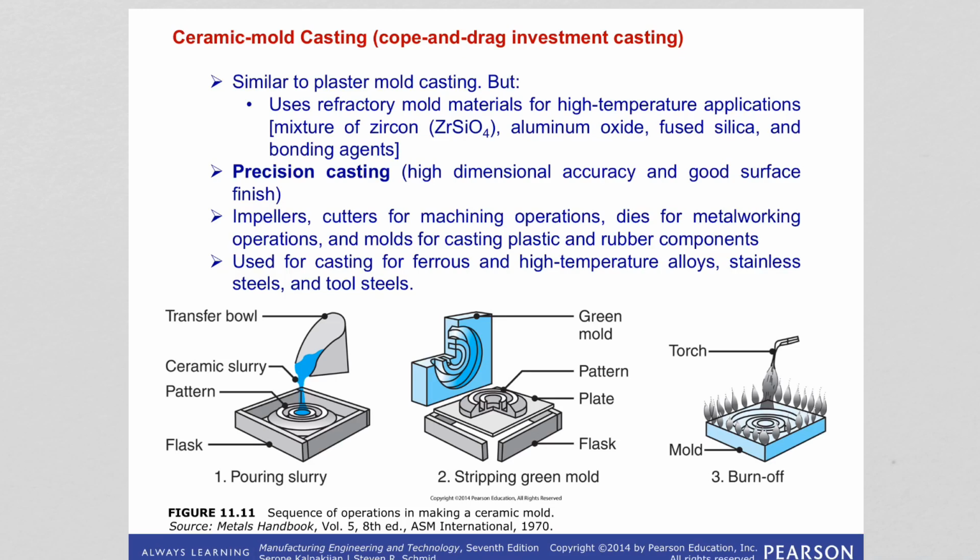That's why it's called green. And when we remove it, we need to remove the volatile matter, and therefore it has to be baked. Here in the image they are using a torch to do that. It is also possible. So then the molds are clamped and basically used as molds in the casting of these metals.